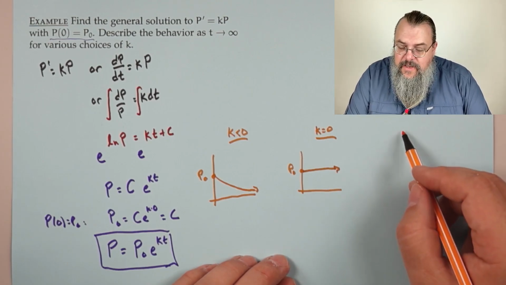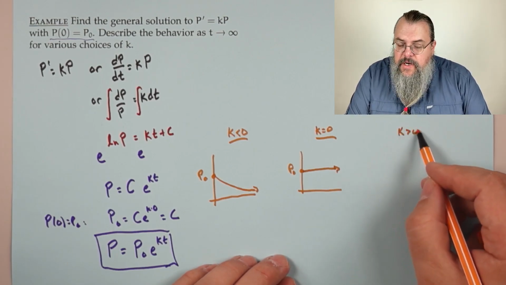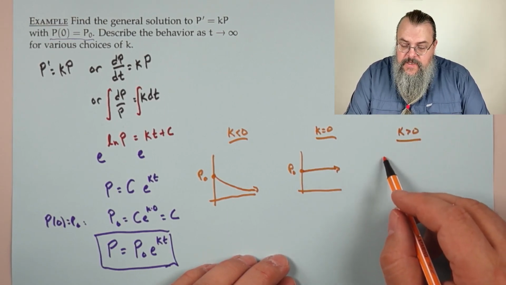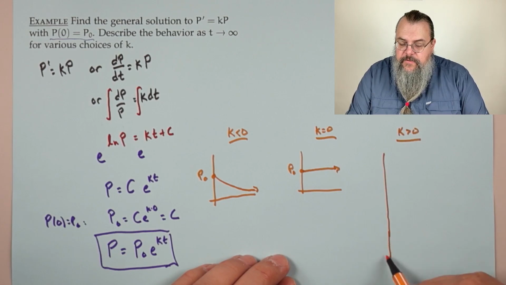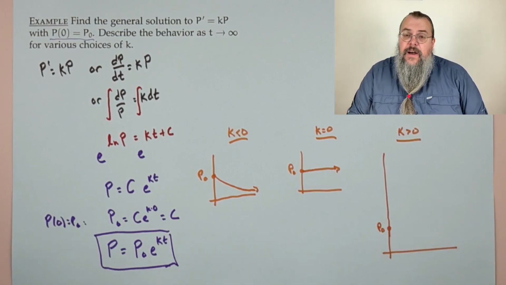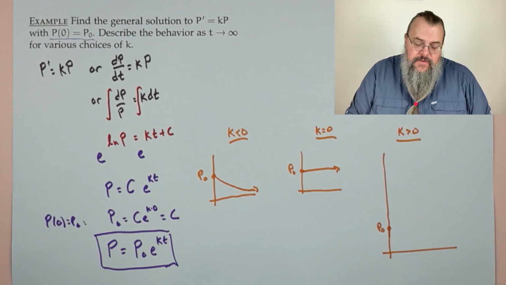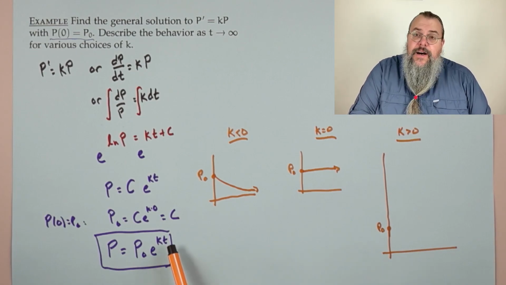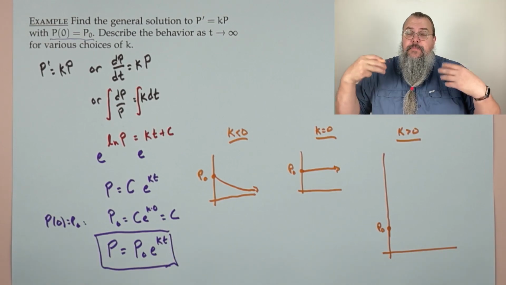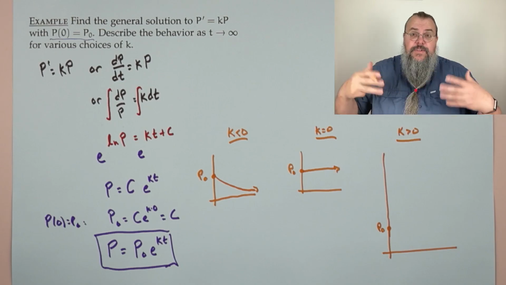All right, so now what about a positive value for k? k greater than 0. I'm going to give myself some space here. So here's our P0. And now what happens? Well, we have e to a positive value times t. And what happens to the exponential function when you plug in positive numbers, and the numbers keep getting bigger and bigger?